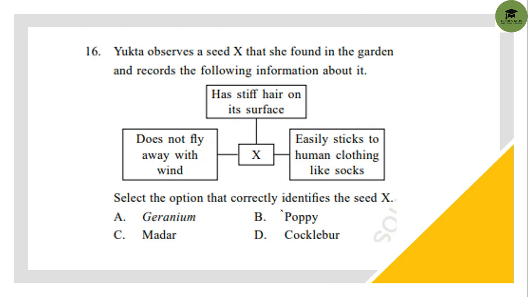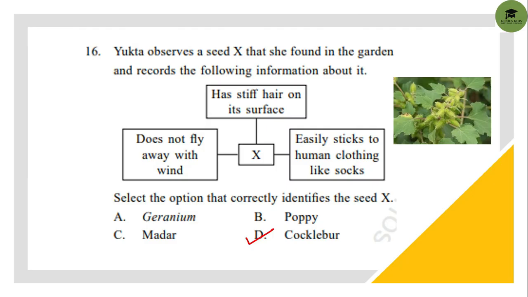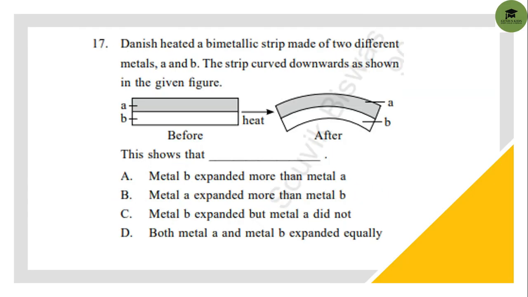So what is this X? This X is actually option D, clocklever. So see, this is your clocklever. So option D is your correct answer.